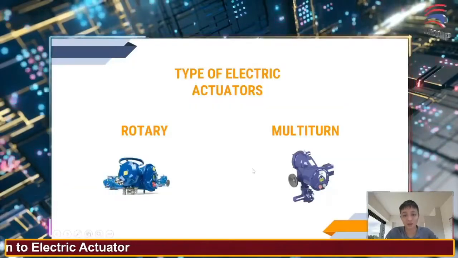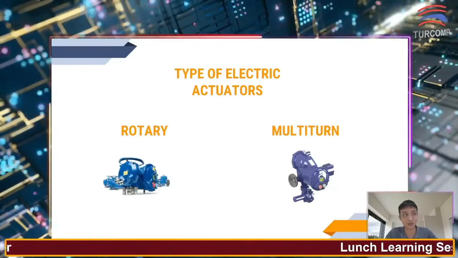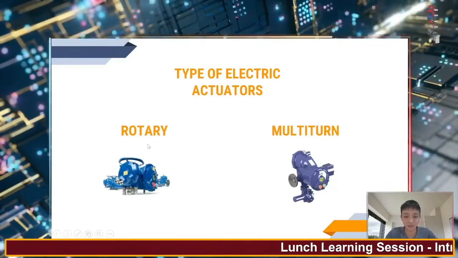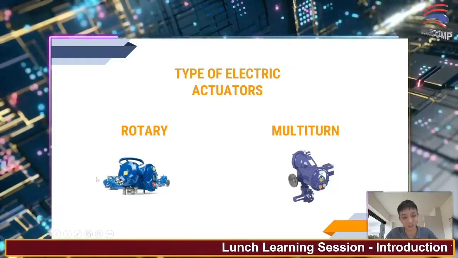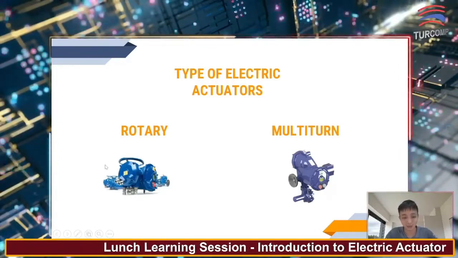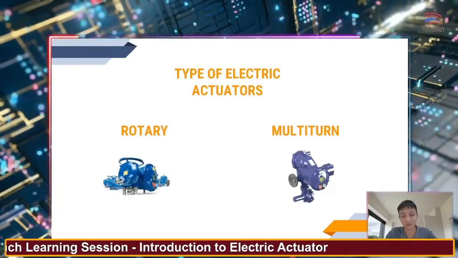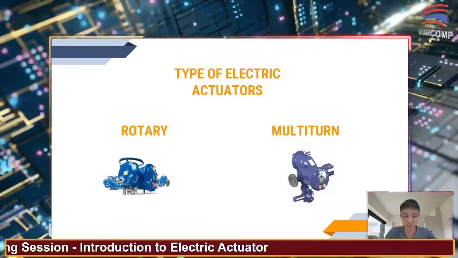All right, so let's move to electric actuators. There are two types of electric actuators. The first one, on the left, we call rotary. Rotary means the actuation is through 90 degrees.